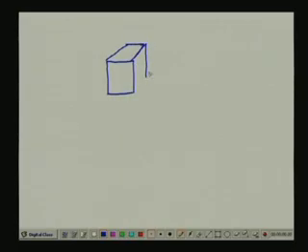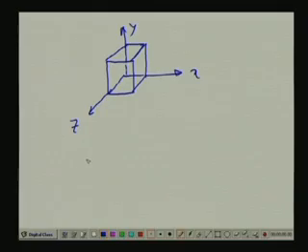So, this is a small part in a material, and these are the reference axes x, y and z, and the strains which are acting on this: epsilon x in the x direction, epsilon y as the normal strain in the y direction, and epsilon z in the z direction.